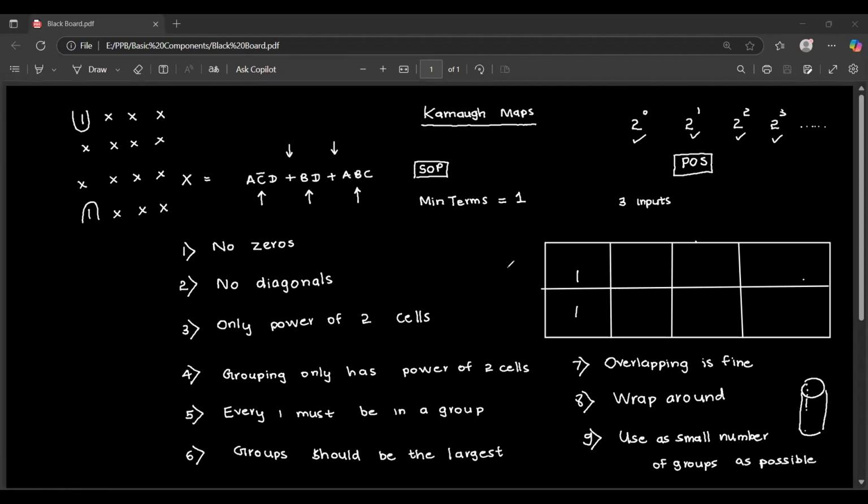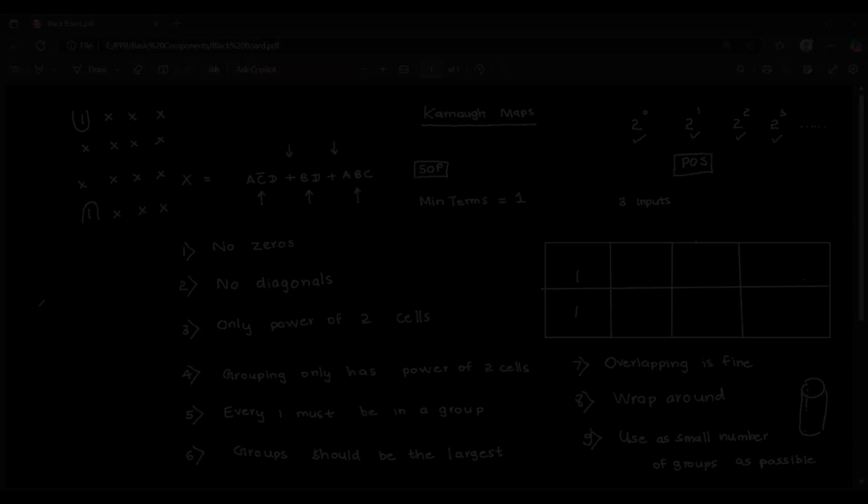Well, this is a simplifying process. We are not writing pieces. So keep in mind that you don't use too many groups. When it is possible, just do the larger group, and then you can stop working with that. Okay, so these are the rules.